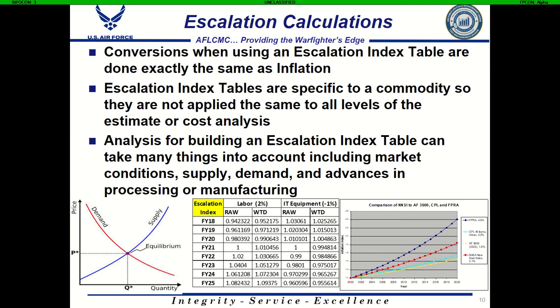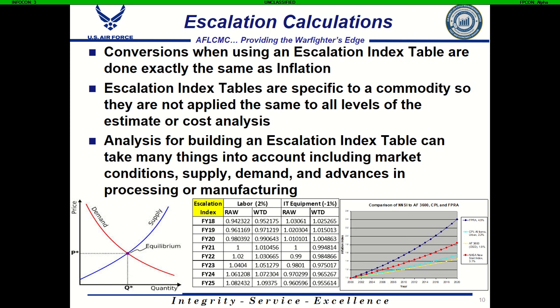For escalation conversions or escalation calculations, the actual math is done exactly the same as it is for inflation. There's no mechanical difference in what index to use. The only difference is the table you're provided.